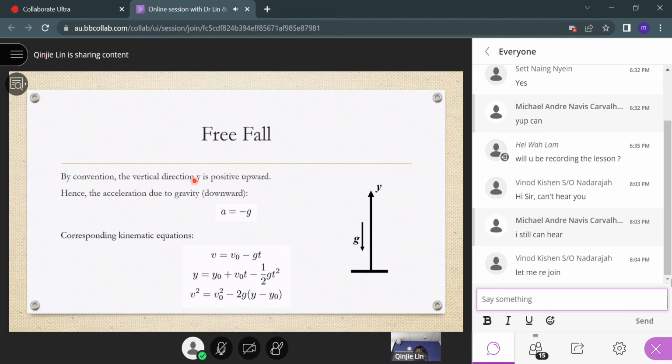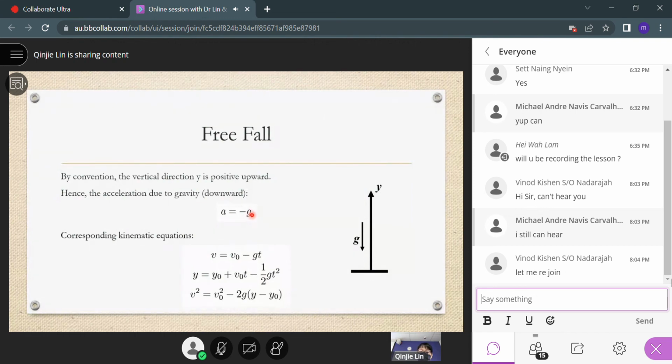By convention, the vertical direction y is positive upwards. So when we try to do problems, we like to draw positive upwards. If we follow this convention, then the acceleration due to gravity will be pointing downwards. That means a, in this particular case, will be minus g.